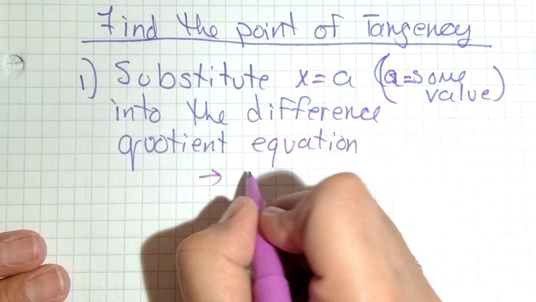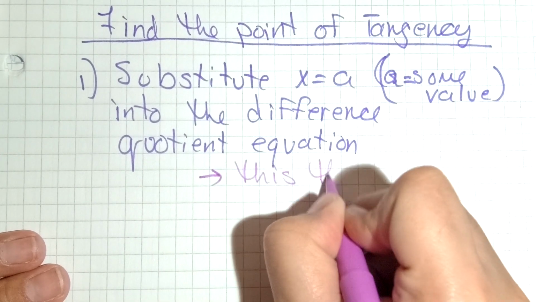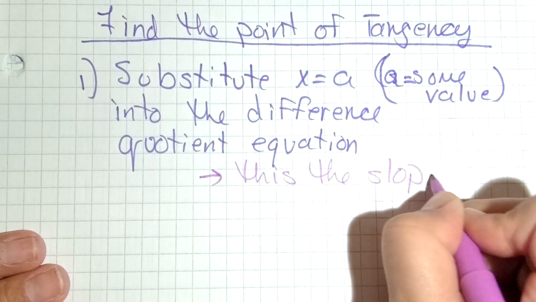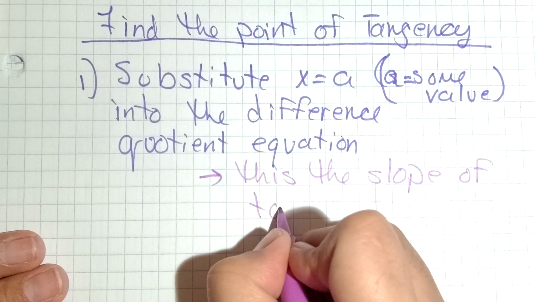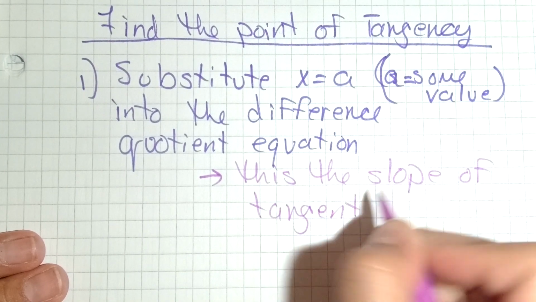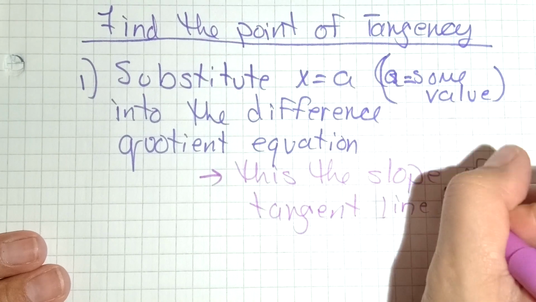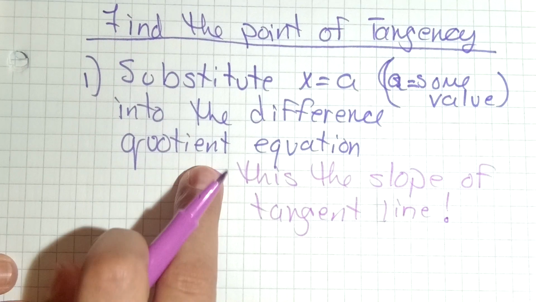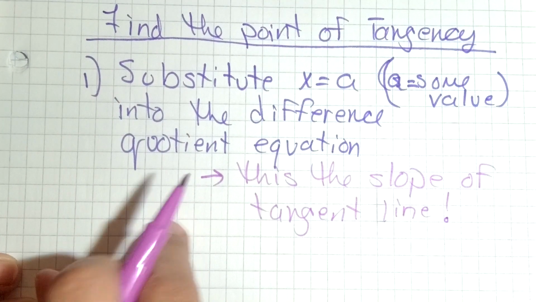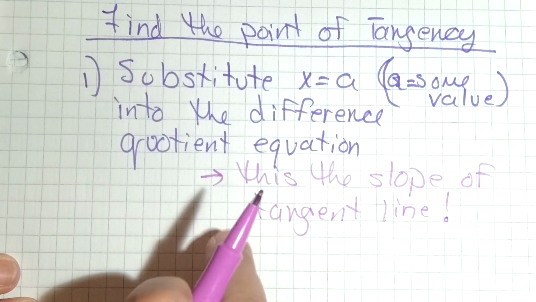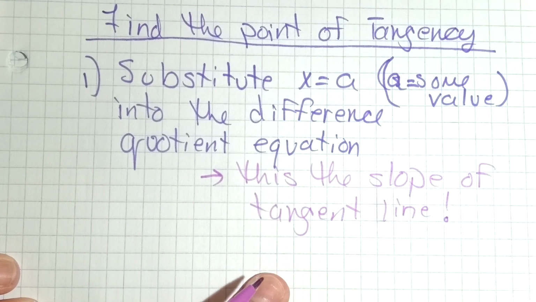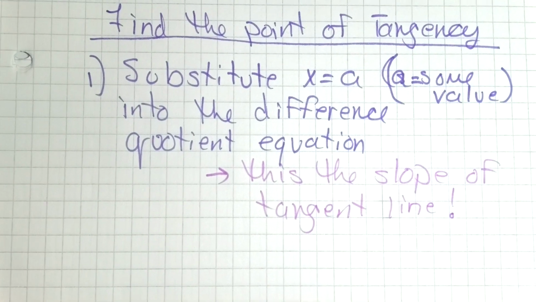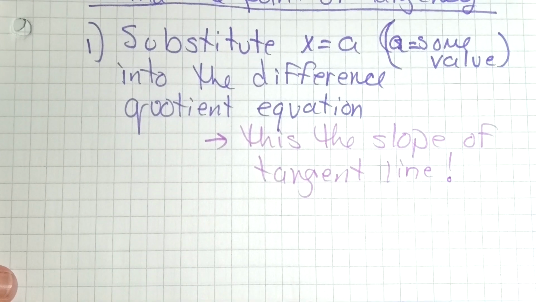This is the slope of the tangent line. So whatever value you get here, this is going to be your slope. So keep that in mind.